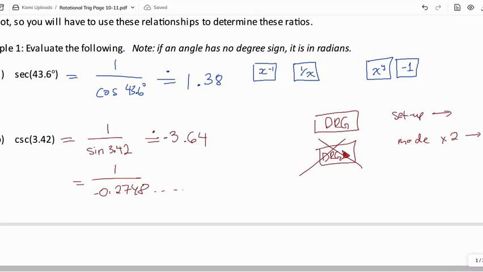First of all, make sure that sine 3.42 is negative 0.2748. If you get this, your radians are working, and then it's a reciprocal problem.